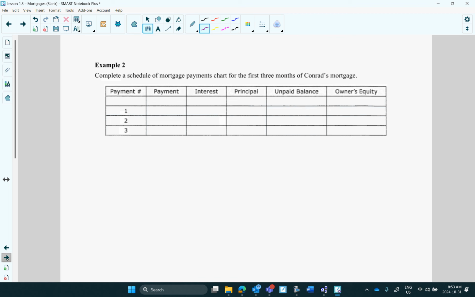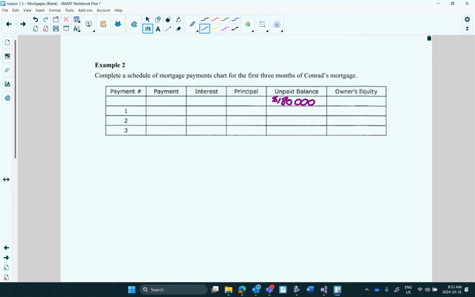So to do that, remember, he starts off with, before he even pays anything back, $180,000. That's the unpaid balance before anything is calculated.